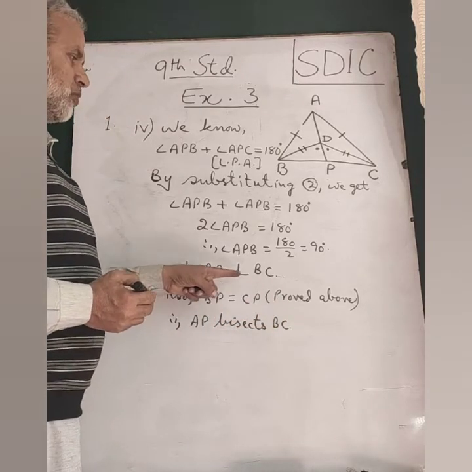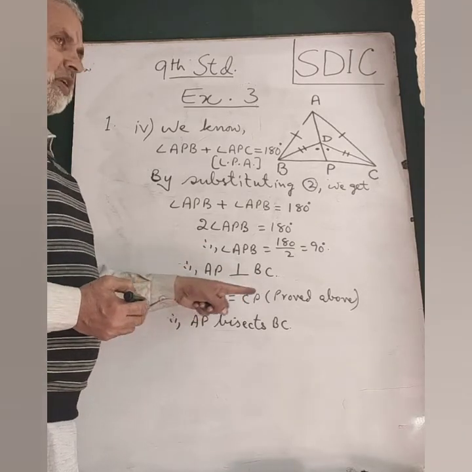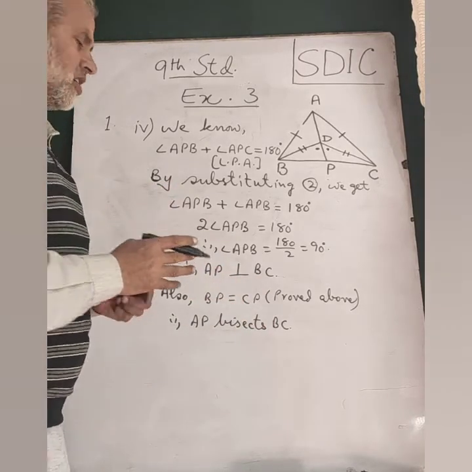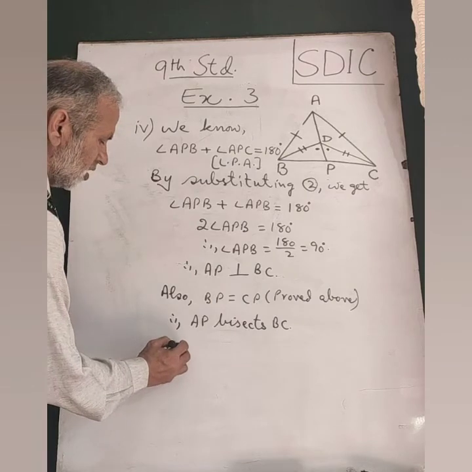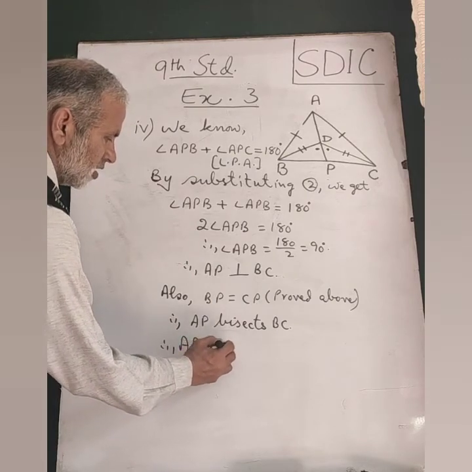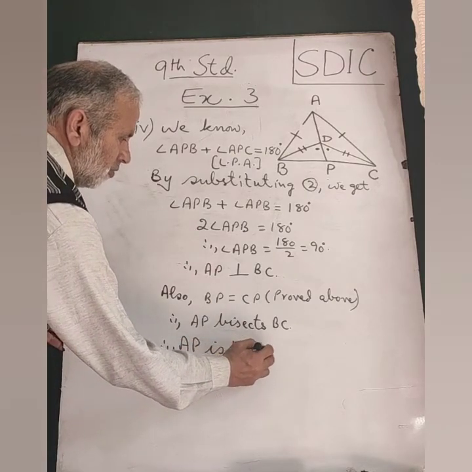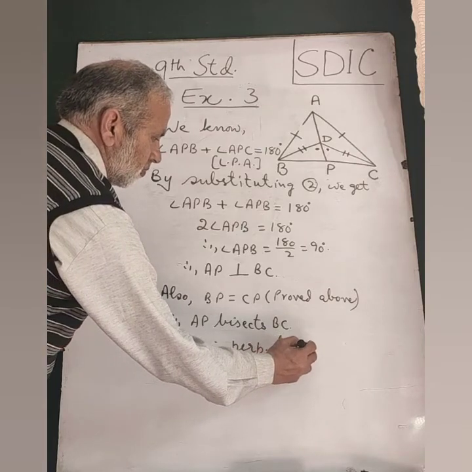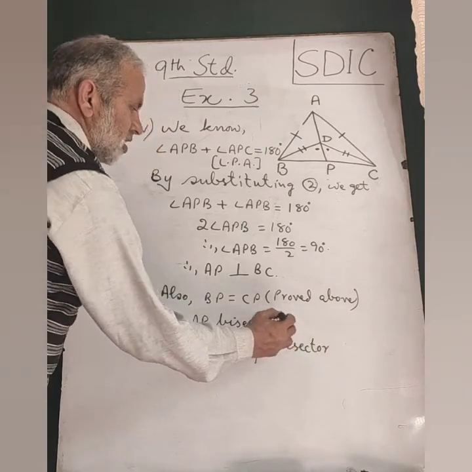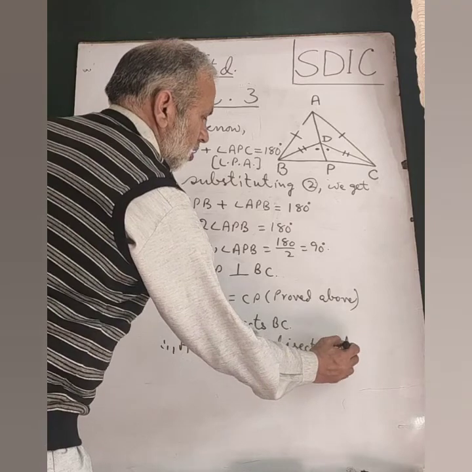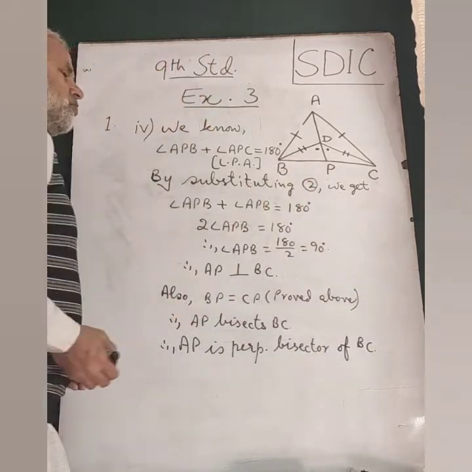Earlier we got AP is perpendicular to BC. Now we got AP bisects BC. The two results will be combined and the final result will be, therefore, AP is the perpendicular bisector of BC. Both results we have combined. That completes the proof of this question.